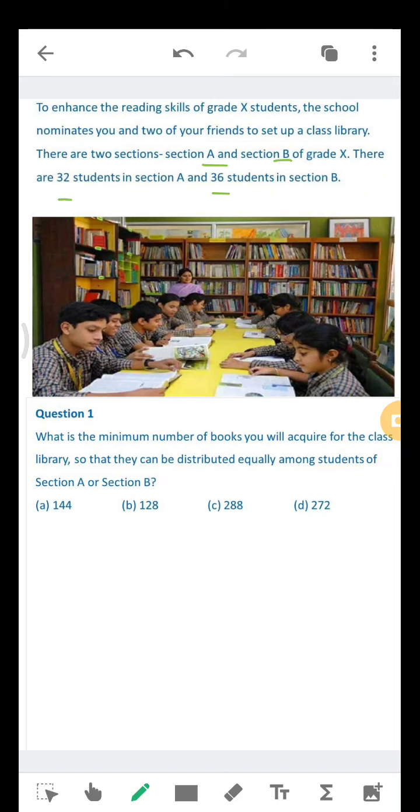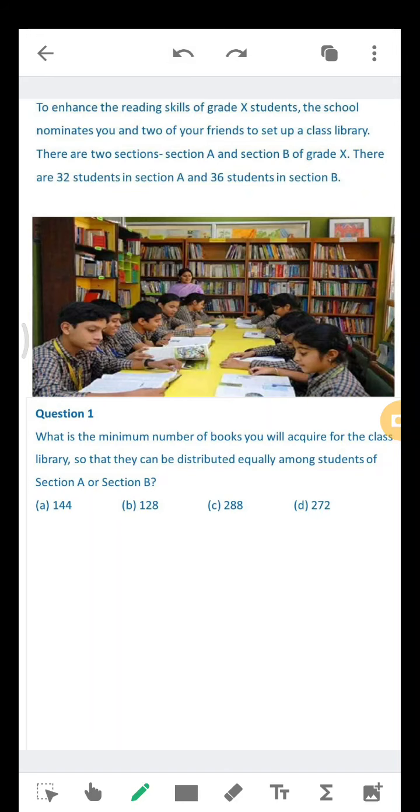Got it? So the questions can be asked from this situation. What is the minimum number of books you will require for the class library so that they can be distributed equally among students of section A or section B? So this is a question from real numbers.